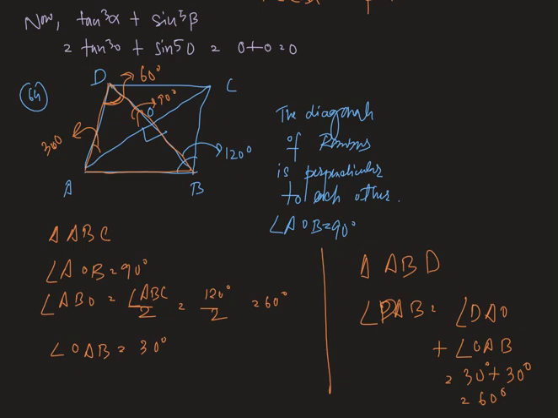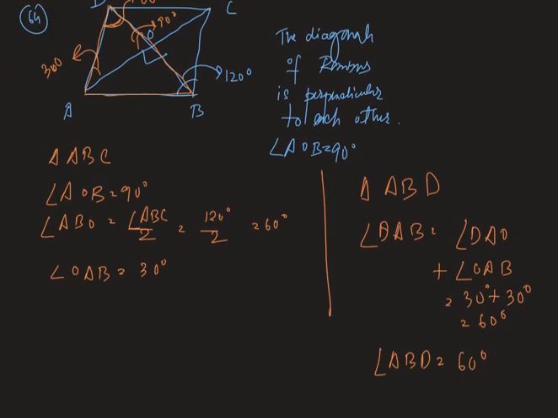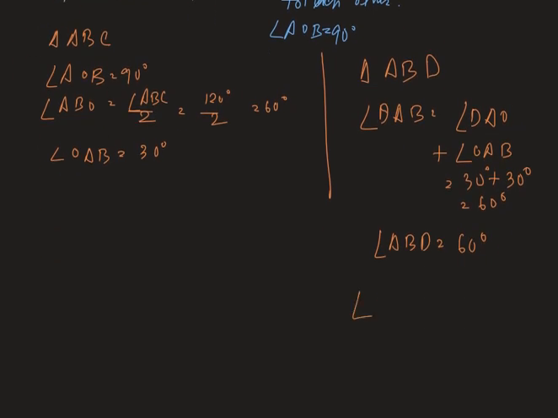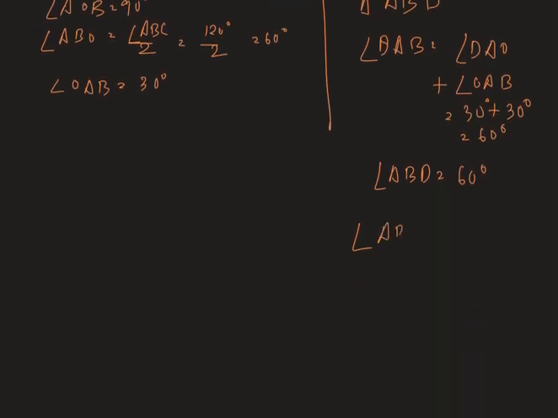So angle DAB is 60 degree in the triangle ABD, and angle ABD is 60 degree. So the remaining angle, that is angle ADB, is obviously 60 degree.